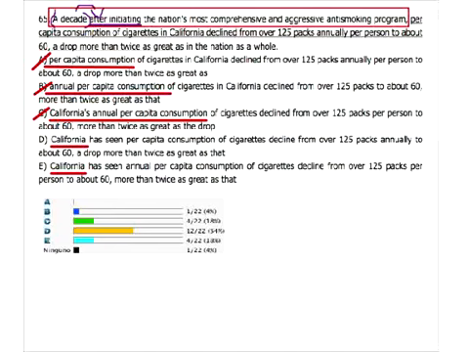Okay. So we are down to D and E. Anybody in the text box want to take a shot at explaining the difference between D and E?